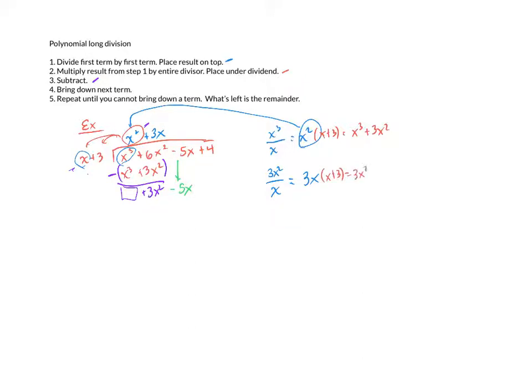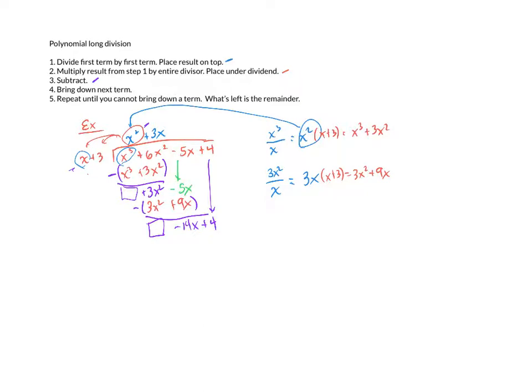So that would be 3x squared plus 9x. That goes underneath. I'm going to subtract that. 3x squared minus 3x squared goes away. That should always be the case. Negative 5x minus 9x is negative 14x. And then I'm going to bring down the next term.